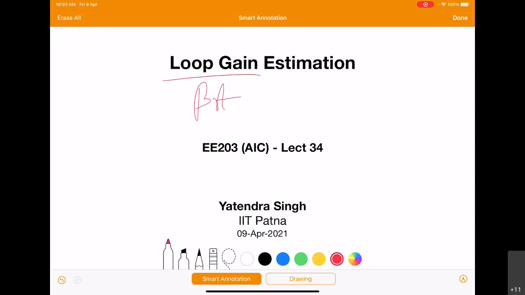So everything actually got affected by 1 plus beta A, and this beta A is the loop gain. So in this lecture we will try to see, given a negative feedback loop, how to find out this beta A.